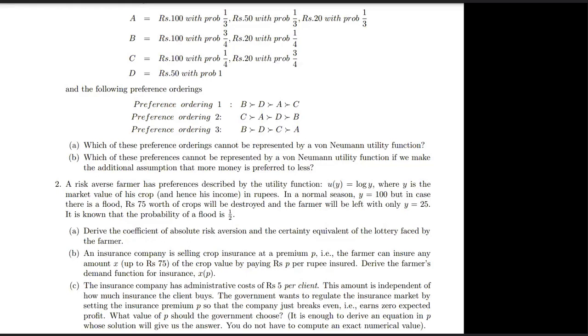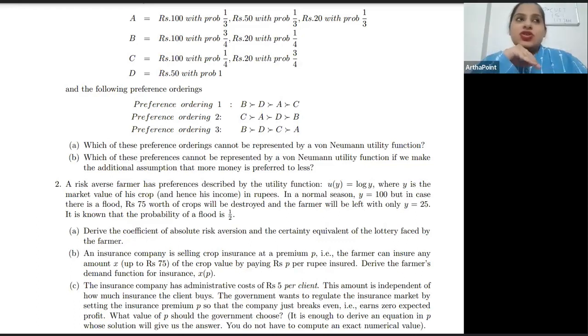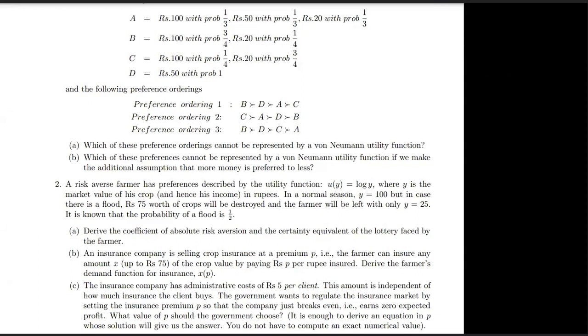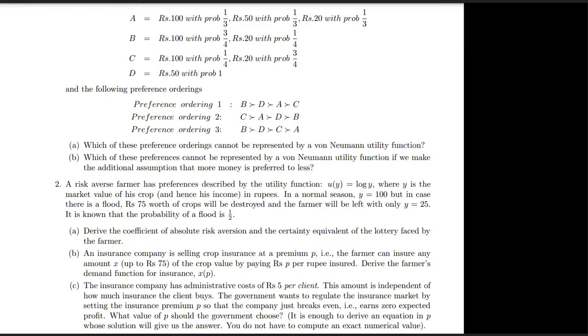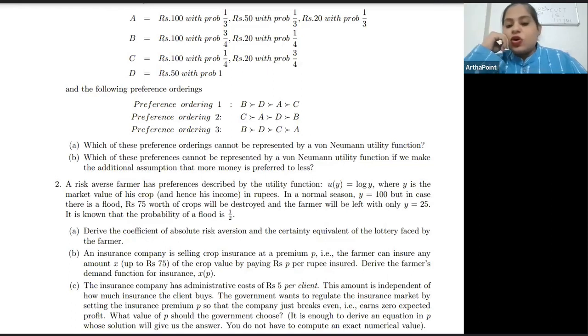Then I equated that with the expected utility he was getting without availing the insurance, which is ln. So you equated expected utility with insurance to the one without insurance. Yes. My question to you is, why did you not maximize the expected utility with respect to x, with respect to demand, and get the demand function?